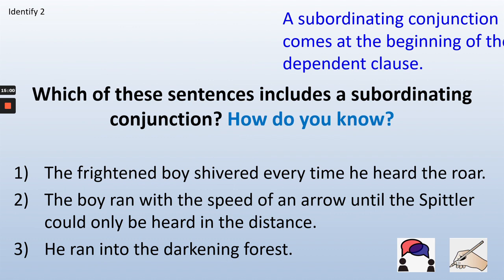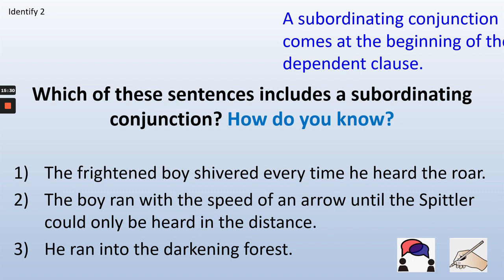Okay, which of these sentences includes a subordinating conjunction? And as a challenge, how do you know? Number 1, the frightened boy shivered every time he heard the roar. Number 2, the boy ran with the speed of an arrow until the spitler could only be heard in the distance. Number 3, he ran into the darkening forest. Now, a subordinating conjunction comes at the beginning of the dependent clause.